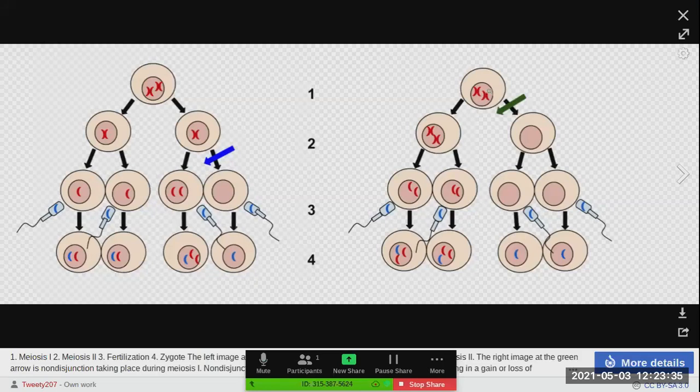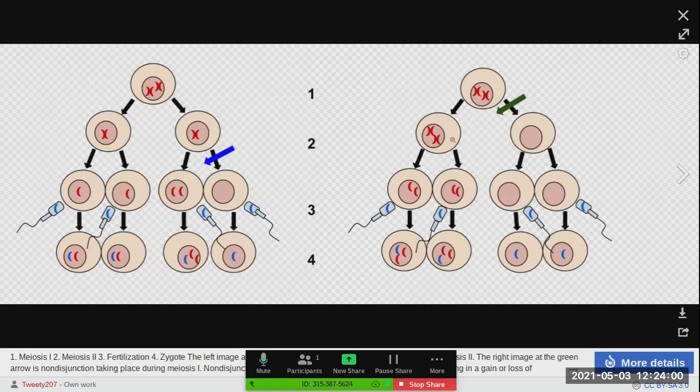So let's say these two chromosomes, instead of taking one copy here, one copy here, like the one on the left side, if both copies are going to go this side, that means at this stage, the homologous chromosomes were supposed to separate over here, but now they just separate over here. And as I said earlier, this is the place where sister chromatids were.